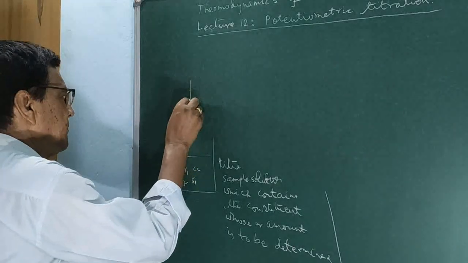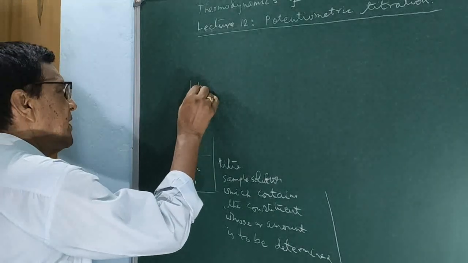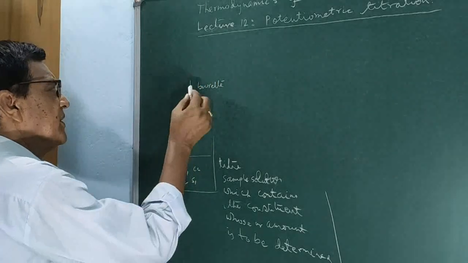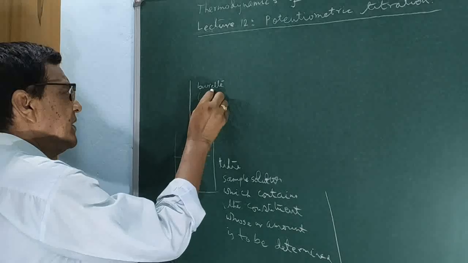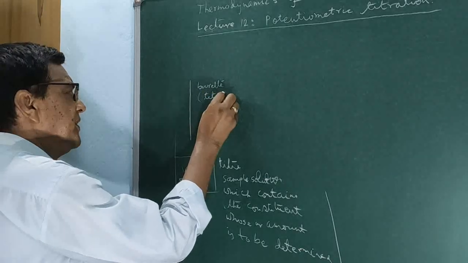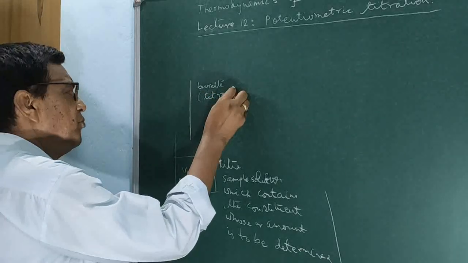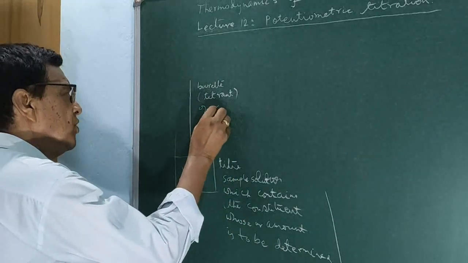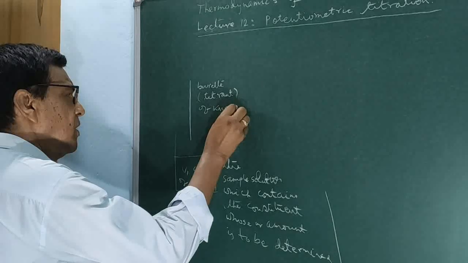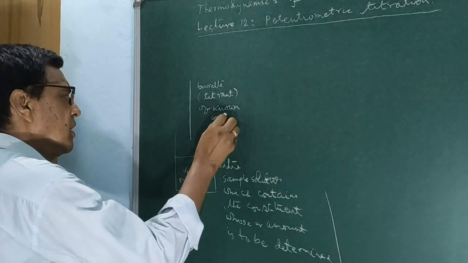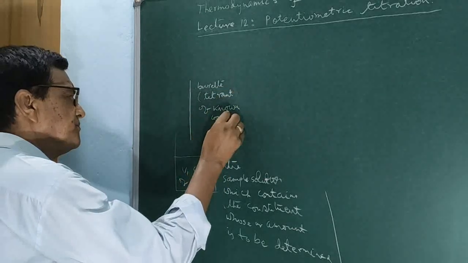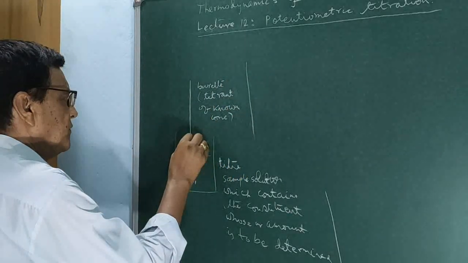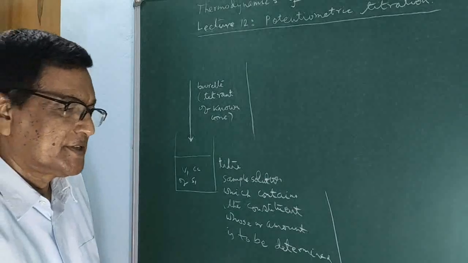And here one burette, called titrant. Here the titrant is taken in a burette of a known concentration. This is the arrangement of these titrations.